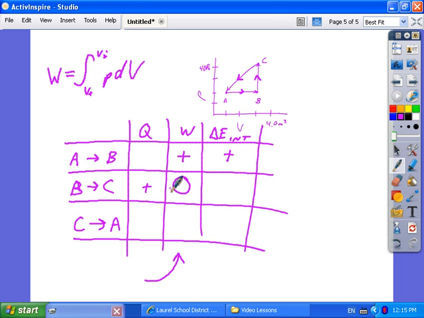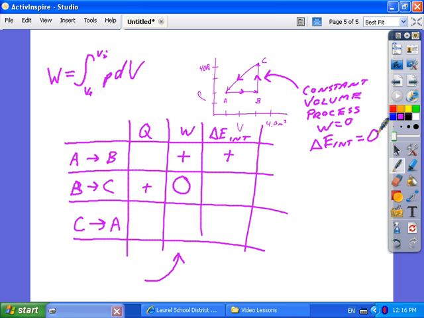Now also, you can look at this in another way to figure that out. This is a constant volume process, which is one of our special cases. In a constant volume process, the work done equals 0, and that also means that the change in internal energy is going to have to equal just my Q. By knowing that, I can actually solve two things at the same time here.